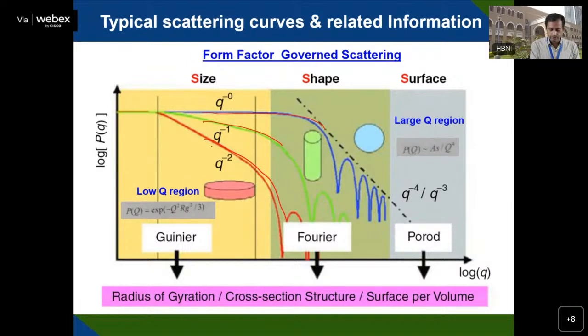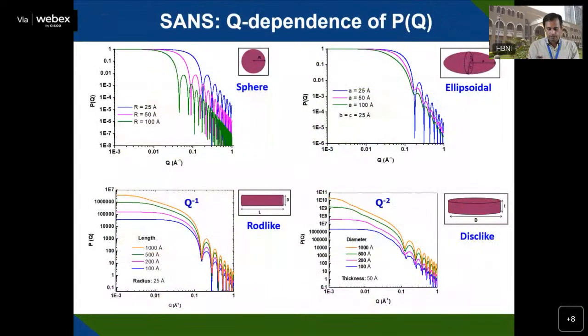If it follows Q to the power minus 0, it is constant in this region, so the particle is spherical. Q to the power minus 1, the particles are cylindrical. If it's Q to the power minus 2 decay, then it is disc shaped. You can also get other information, like surface characteristics, from this plot.